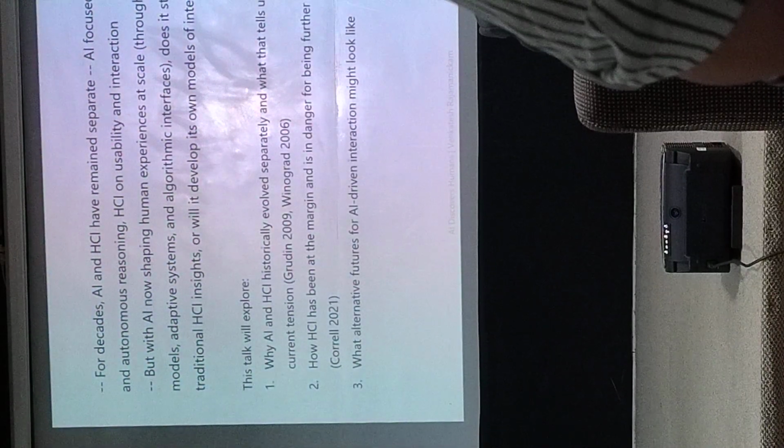But with AI now shaping human experiences at scale through generative models, adaptive systems, algorithmic interfaces, does it still need traditional HCI insights? Or will it develop its own models of interaction, right? And I'm going to argue here that it is likely that they will, which is not good news for us, but let us see what that is, right?